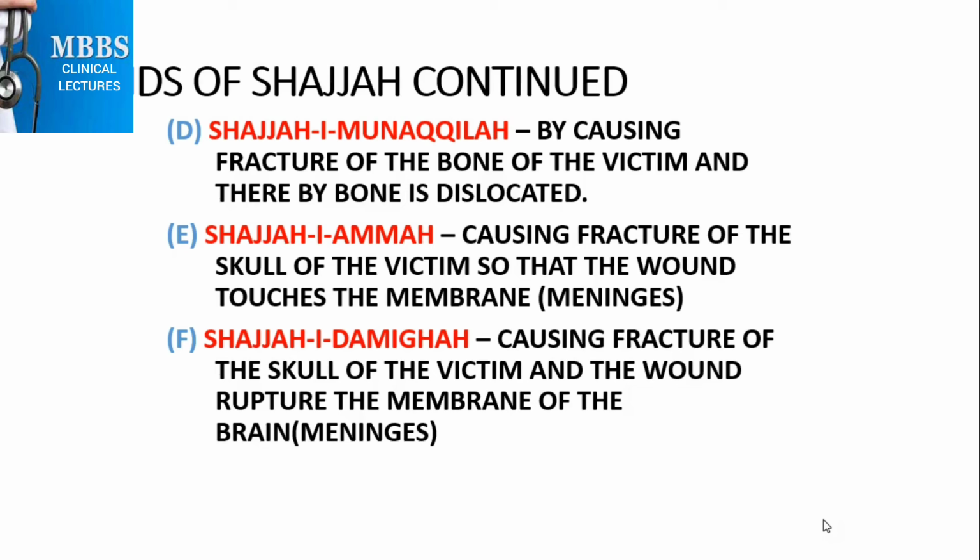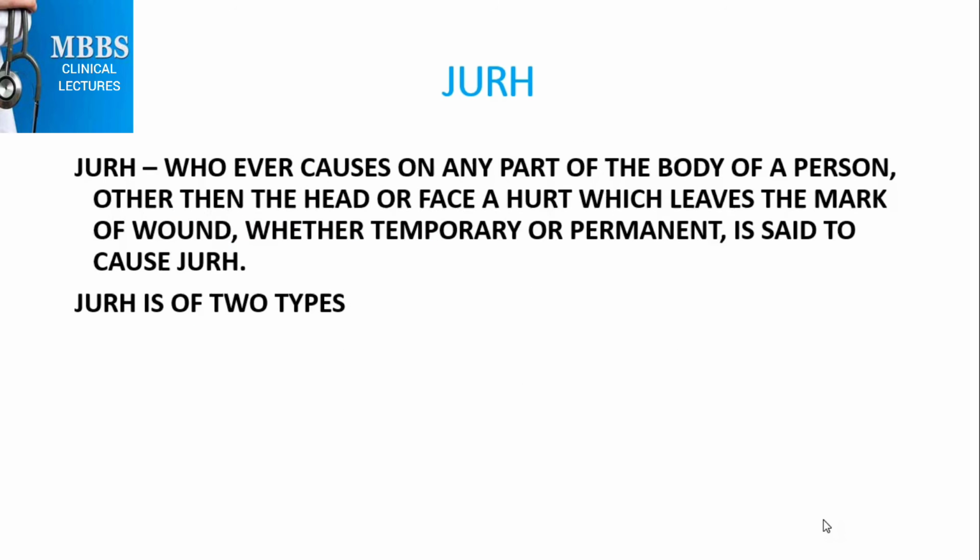Shajai Amma, there is a fracture of the skull and the force touches the membranes, that is meninges, but meninges are not ruptured or torn. In Shajai Damega, there is a fracture of the skull and the meninges are also ruptured. So 6 types of the injuries under the heading of the Shaja.